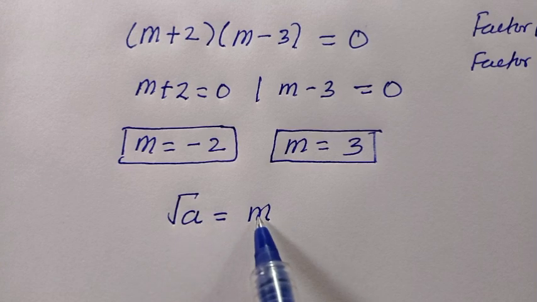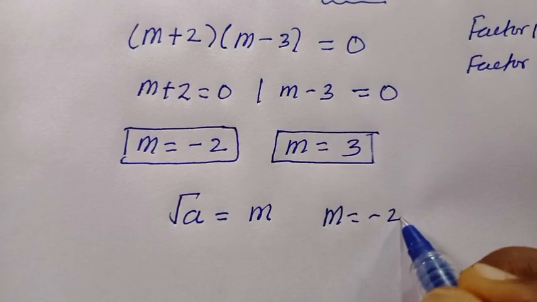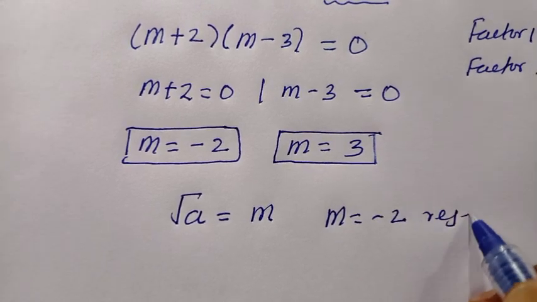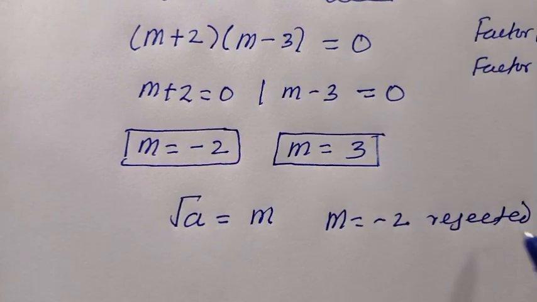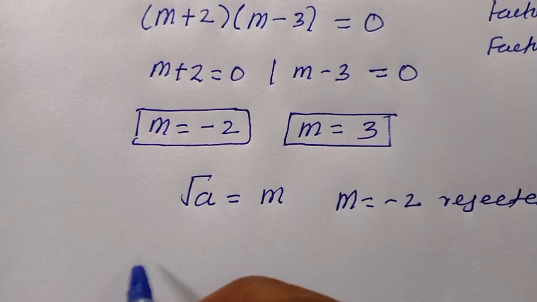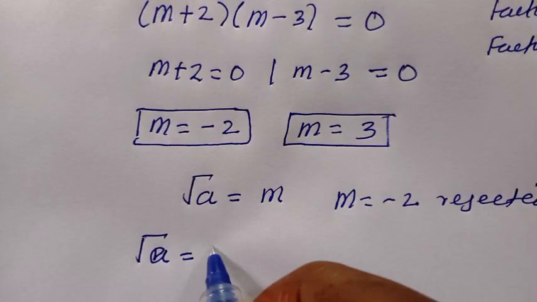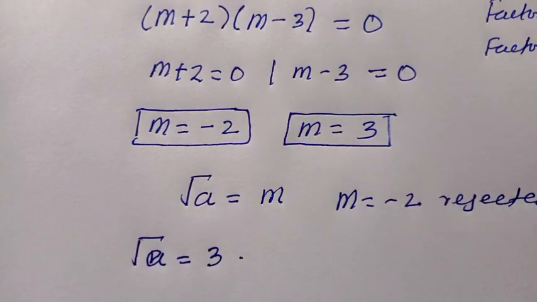So the value of m can never be negative. Therefore, m equals minus 2 is rejected. So when we reject this, then we take the second part, which is square root of a equals 3.